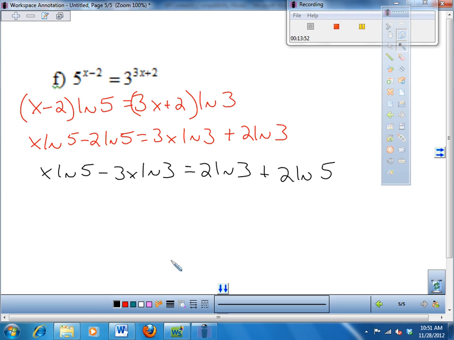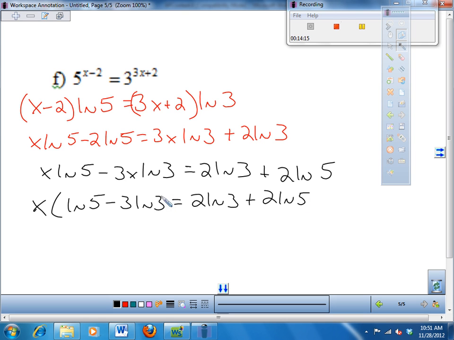Now what can I take out of both of these? X. So now I can take an x out, and I get x times the natural log of 5 minus 3 natural log of 3 equals 2 natural log of 3 plus 2 natural log of 5.